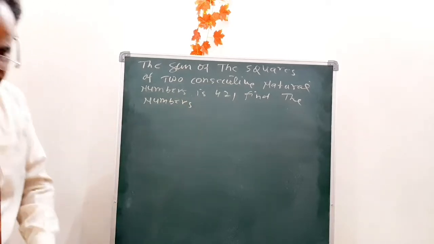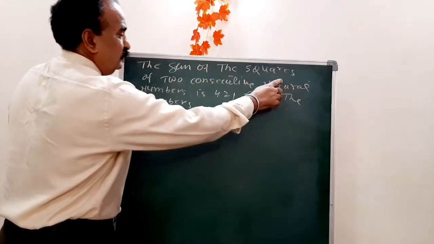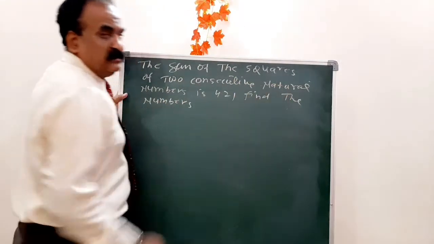Find the numbers. This is the question. Now the question is the sum of the squares of the two consecutive natural numbers.